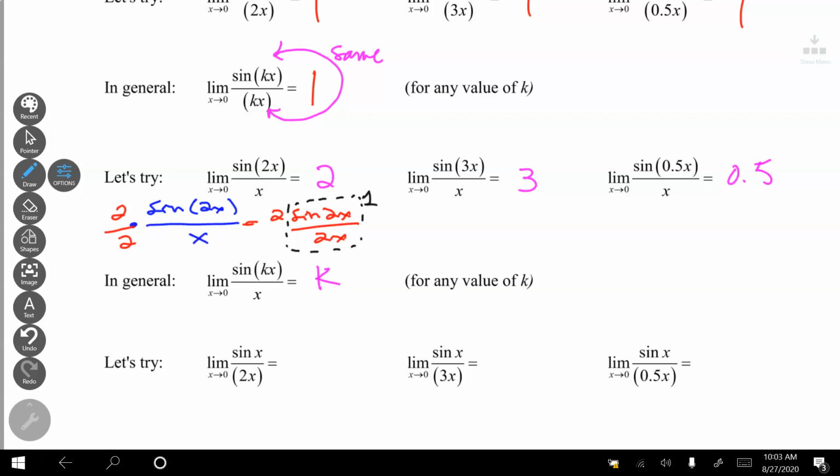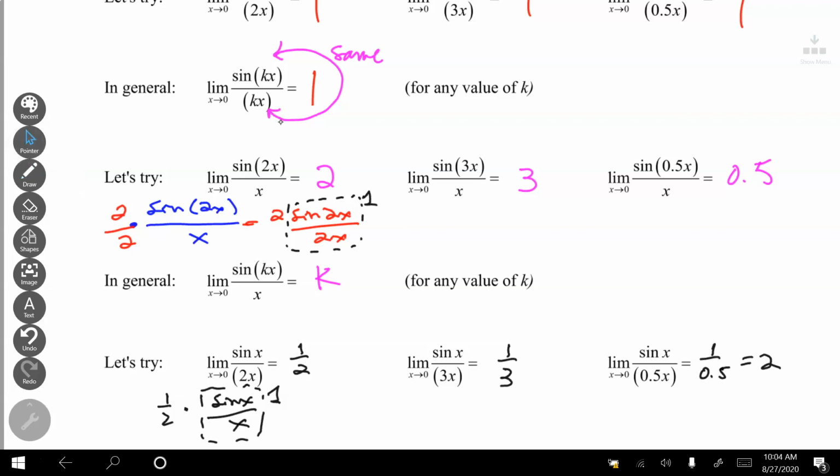And then conversely, the other way around, I could split this fraction to make this 1/2 times sine of x over x, and this part is equal to 1, so it's a half times 1, this is a half. This is a third. This is 1 over 0.5, which is equal to 2.